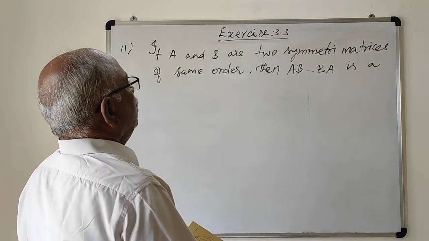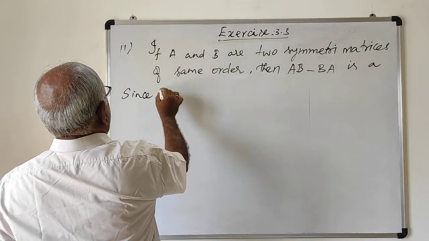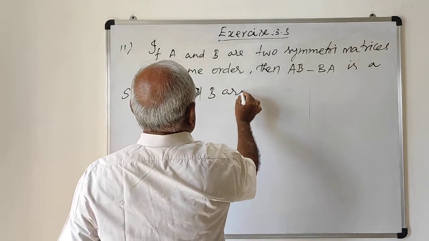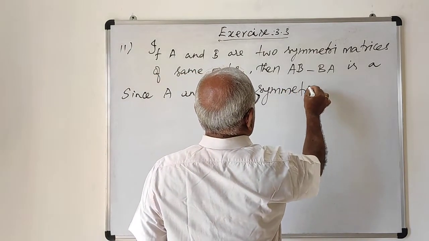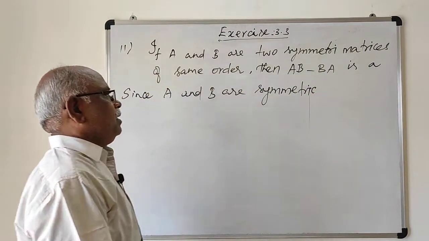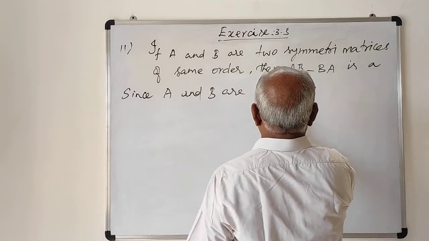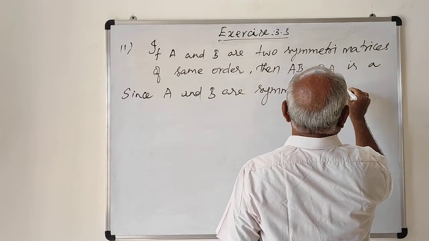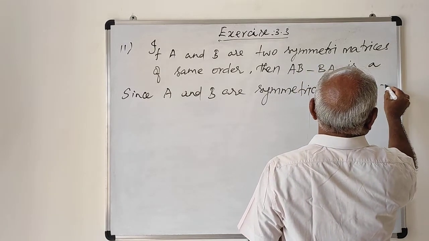Now, since the matrices A and B are symmetric matrices of same order, we know that A equal to A dash and B equal to B dash.